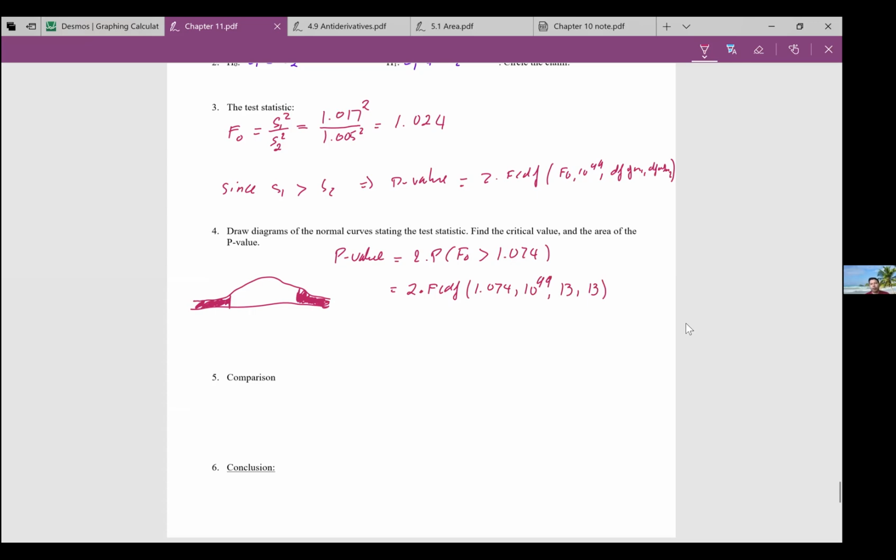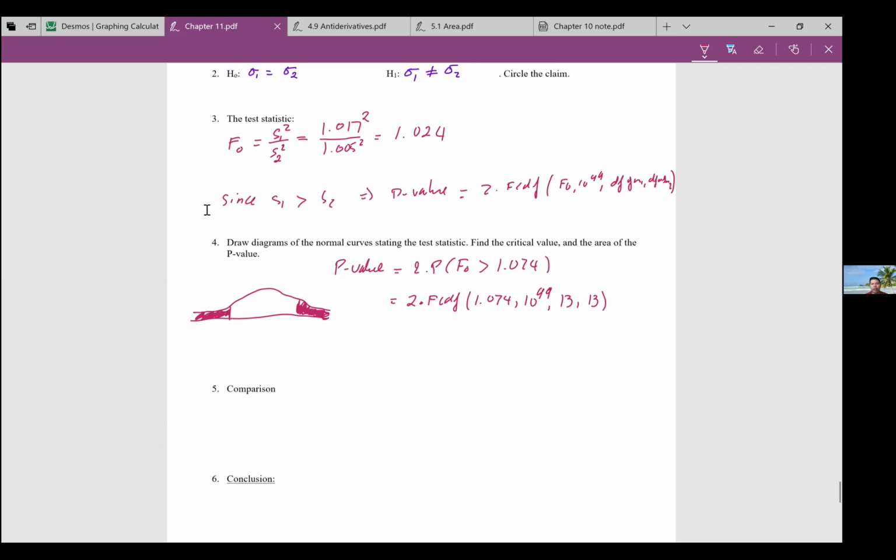So that's the input for our p-value. All right, 2 times FCDF, 1.024, 10 to the 99, and 13 and 13, since they both have the same sample size, right?